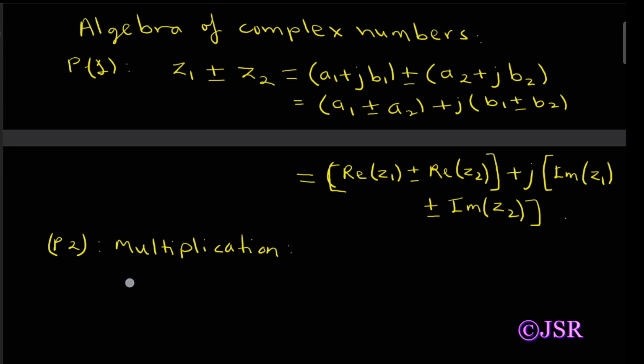So let's say we have two complex numbers, z1 into z2, which can be written as a1 plus j b1 into a2 plus j b2 in the second bracket.